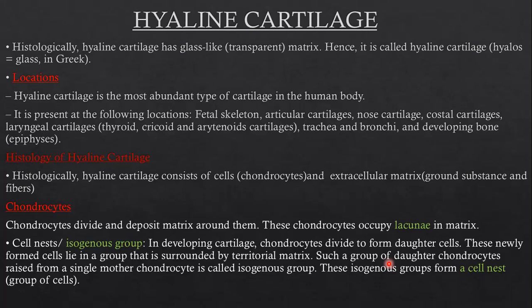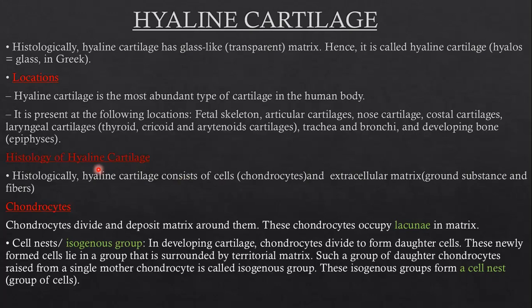But the tips of arytenoid cartilage are not hyaline cartilage. They are elastic cartilage. We also have the trachea, the bronchi. Those, remember, the horseshoe-shaped cartilage rings in the trachea, those are hyaline. We also have the epiphysis. Okay.